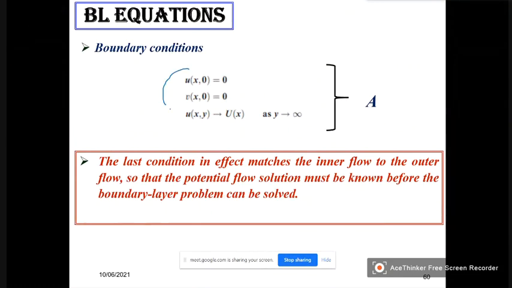See, these are the boundary conditions. The first and second are no slip, and this is the edge of the boundary layer.